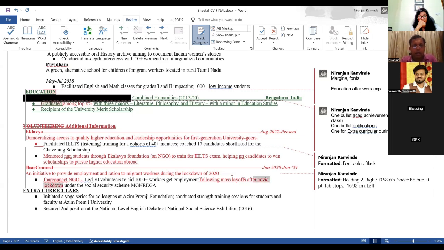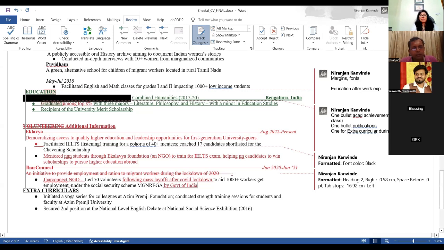Add these words somewhere at the right place. 8,000 plus workers get employed under the Social Security Scheme Manrega. So you're bringing the impact upfront, that is fine. And the rest of the things are fine.